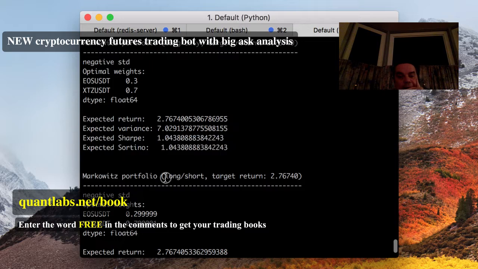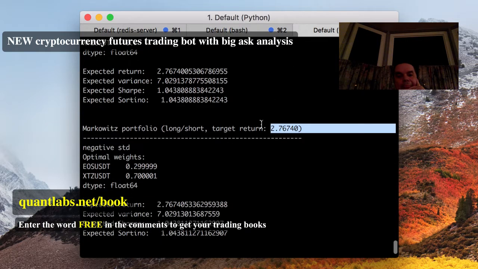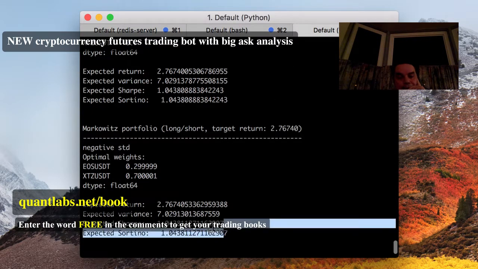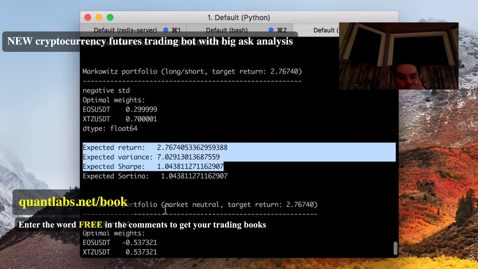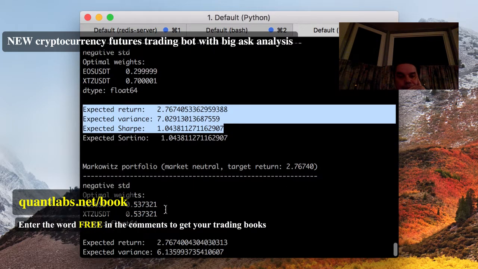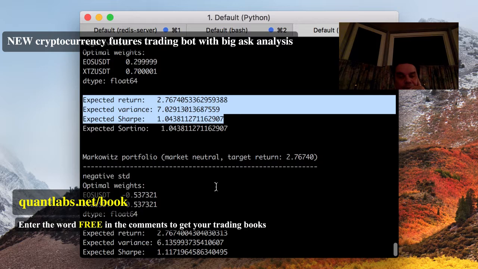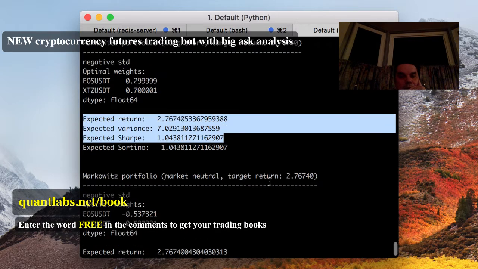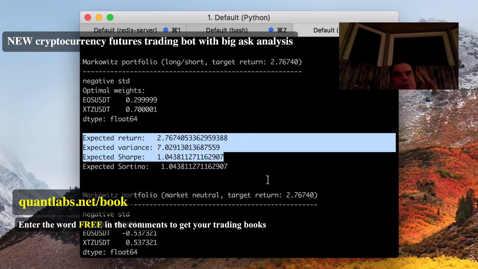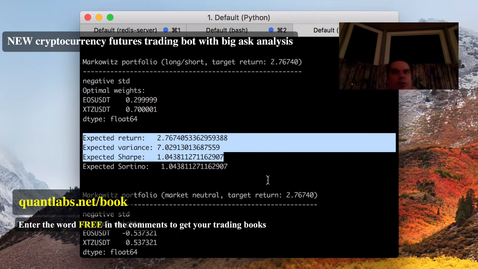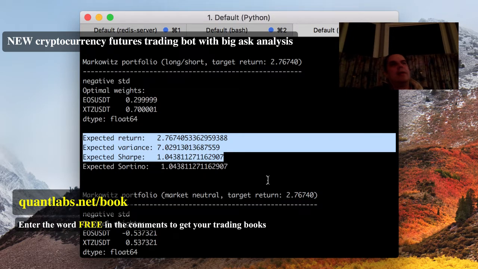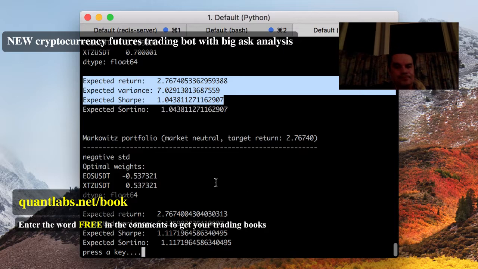Now, if I combine a long and short, which is pretty well the same because I only have two instruments here, nothing really changes. But here's where it gets interesting. Futures is good because here in crypto land you can't really short, but you can in the futures market.